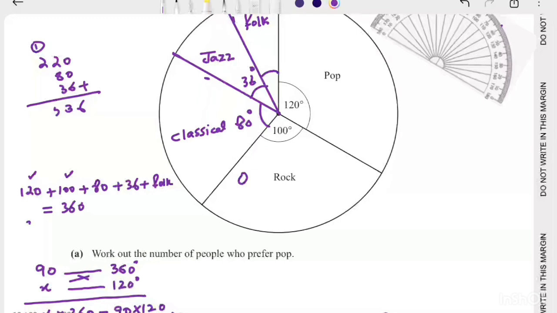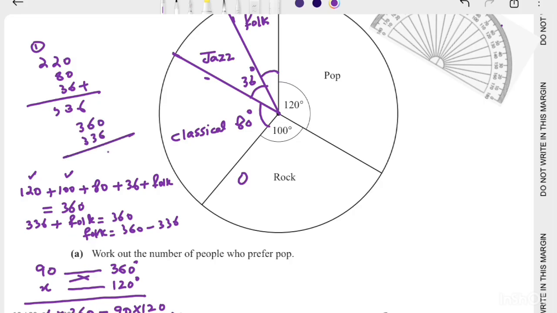So 336 plus folk is equal to 360 degrees. Now folk is equal to 360 degrees minus 336. So 4, 5, 24. So 24 degrees would be the angle of folk.